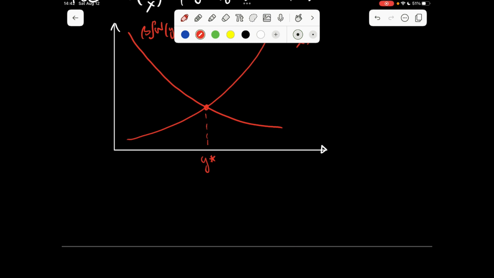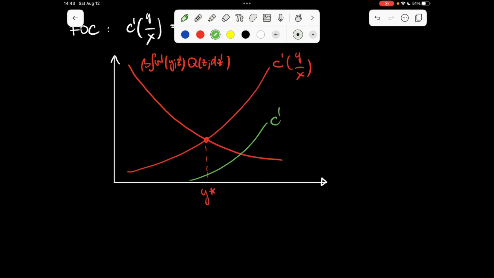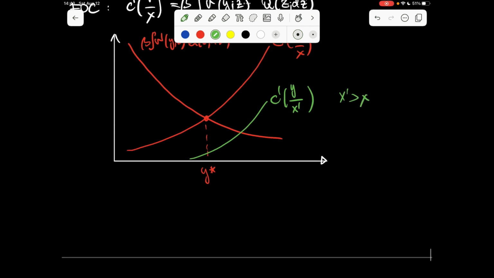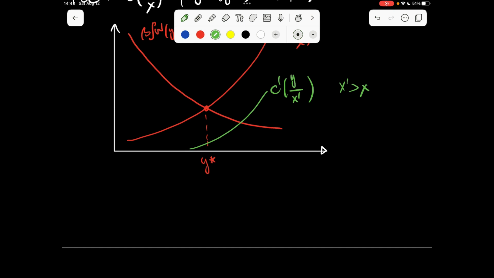So for any given y, an increase in x triggers the lowering of the marginal cost function. So simply put, if there is an increase in x, there must be an increase in y.